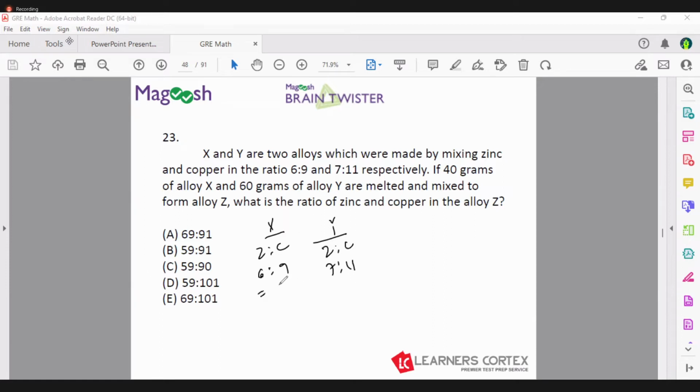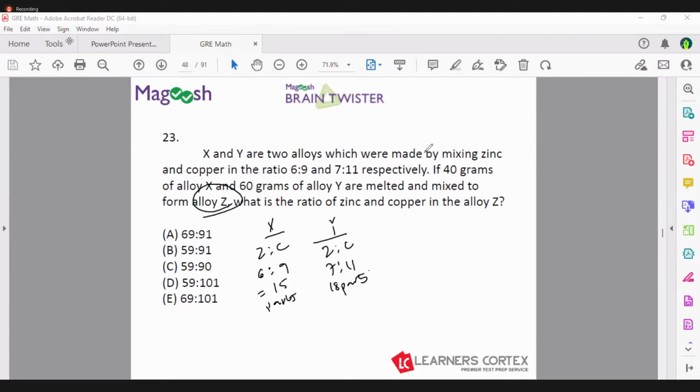So this has a total of 15 parts, and this has a total of 18 parts. Now, if 40 grams of alloy X and 60 grams of alloy Y are melted and mixed to form alloy Z, what is the ratio of zinc and copper in alloy Z?